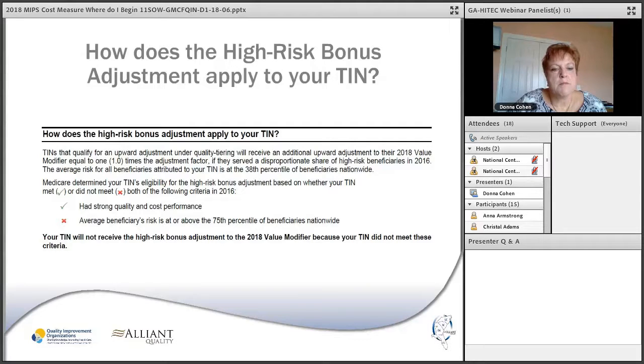This exhibit shows that the patient population for this TIN was not above that 75th percentile for all beneficiaries nationwide, so they would not receive that additional high-risk bonus adjustment. If they had, then they would have had that positive 3% adjustment times the adjustment factor.